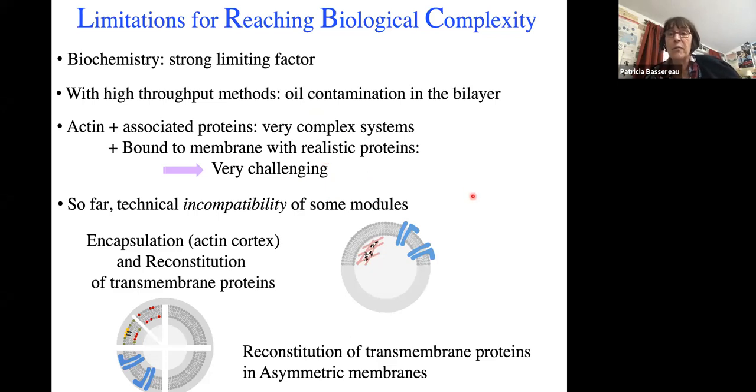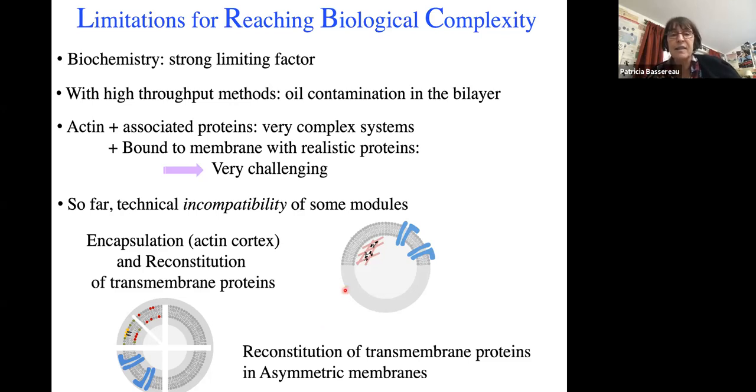And I would say one of the problems is if you would like to have a very complete plasma membrane with all the complexity, it means that you don't need to have only the asymmetry of the membrane, the integral proteins, or the actin and the binding of actin to membrane, but you need to combine all of them.